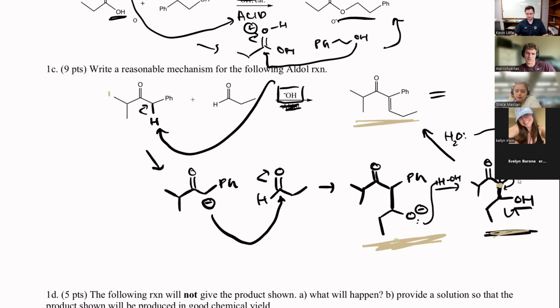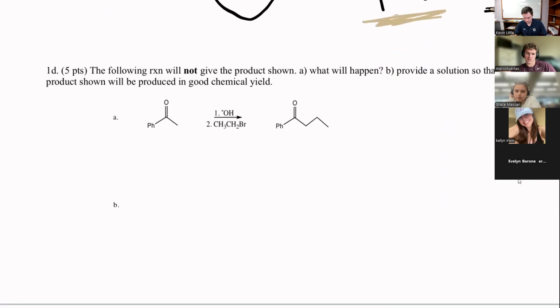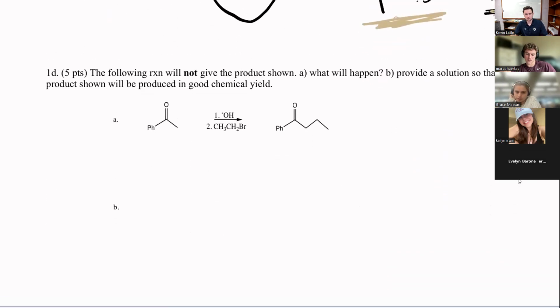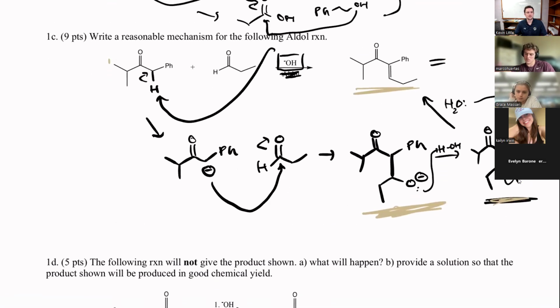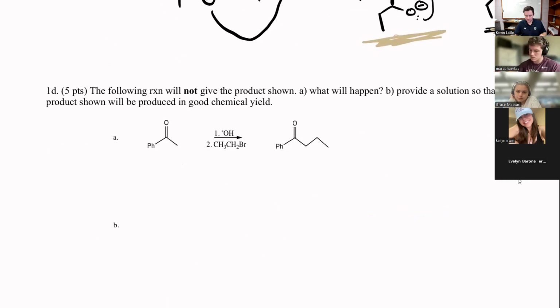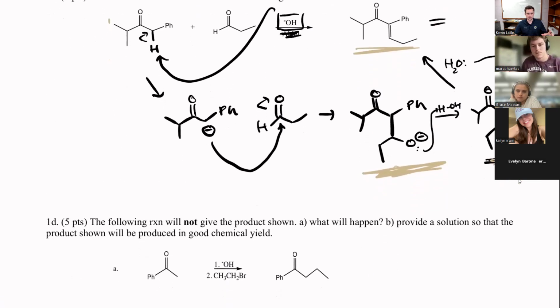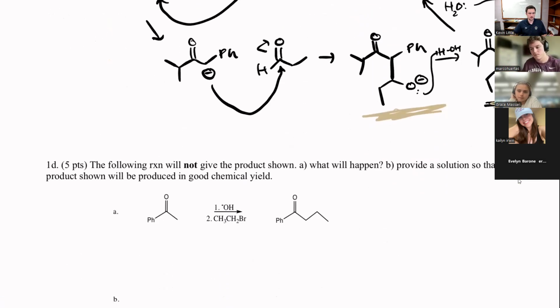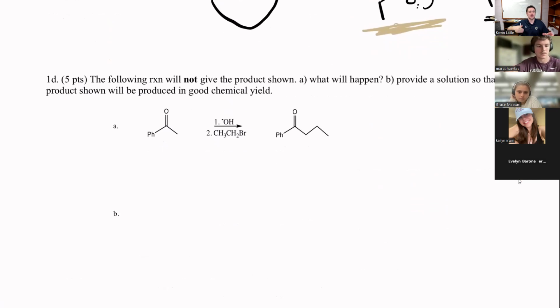Nucleophile attacks the electrophile. We're just taking it one step further. You guys knew the first two steps of all of these reactions for the whole semester, since the first test. Now we're just adding what happens after that.